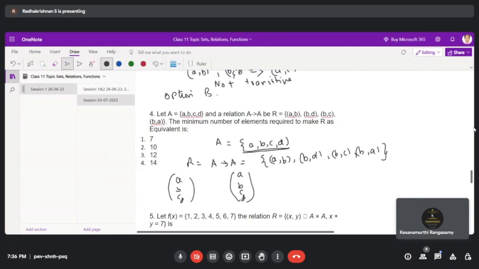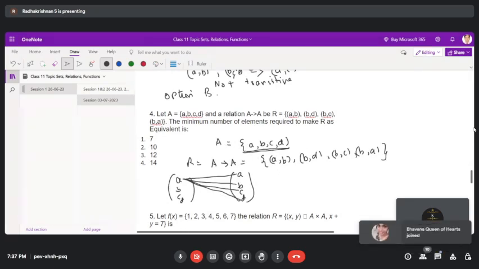So A can be mapped to A or B or C or D. Similarly, B can be mapped to any 4. C can be mapped to any 4. D can also be mapped to any 4. So totally, how many elements are there in the relation?